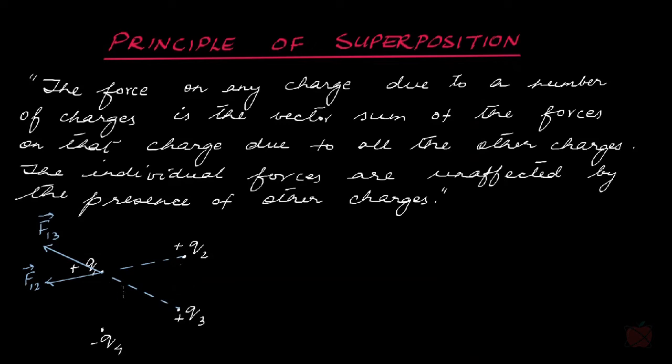F13 is the force on Q1 due to Q3. What about Q4? Q4 is negative, so it will attract Q1 towards itself. So it will exert a force in that direction, a little further like this. This is the force F14.